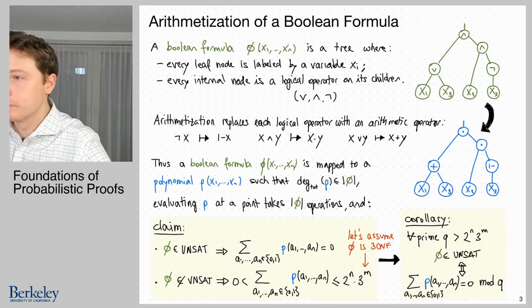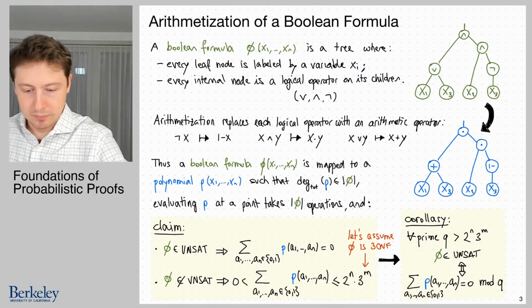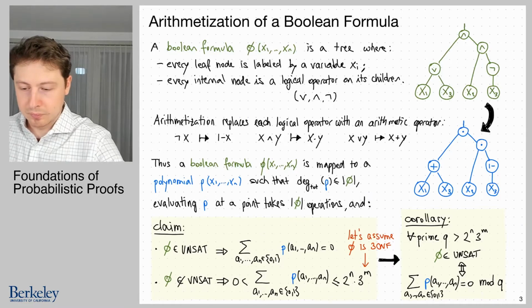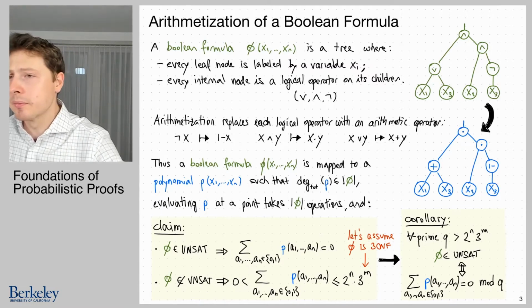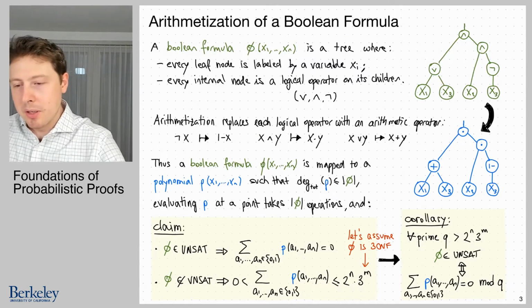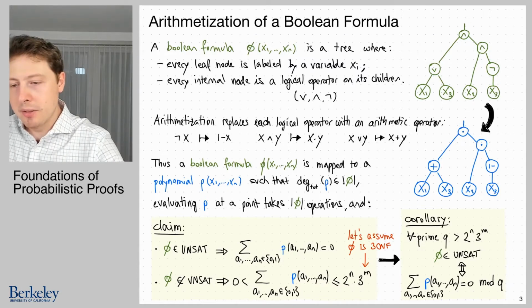Yeah. So you have written that the degree of P is less than the size of the formula. Isn't it exactly equal to the depth of the formula? Depth, it could be the size, right? Sorry? When you represent this formula in a tree format, the degree of the polynomial that you form out of it will be exactly equal to the depth. I don't think so, right? Because if you have an AND here, you have degree contributions from the left and from the right.